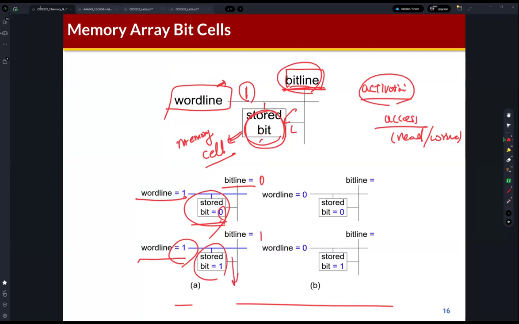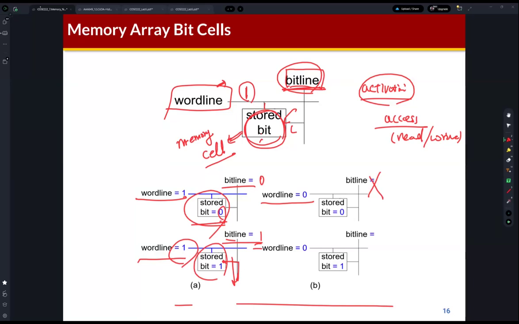So pin 9 is connected to this memory cell, and the value of pin 9 becomes equal to the value stored in the memory. But if the word line is 0, then pin 9 is not connected to this memory cell. You can understand the memory structure like this.